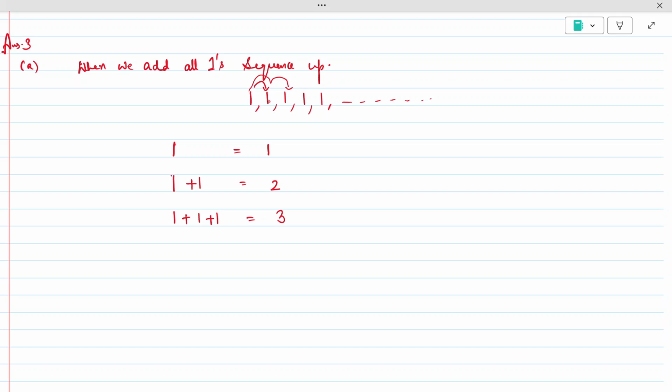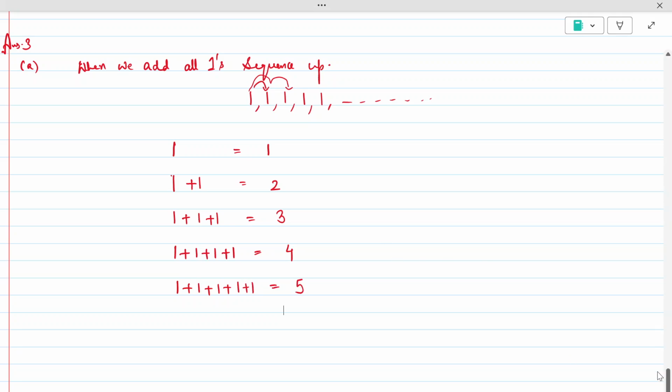Next is 1 plus 1 plus 1 plus 1, 4 times 1. 1, 2, 3, 4. We are getting 4. And next is 1 plus 1 plus 1 plus 1 plus 1, 5 times. So we are getting 5 here.